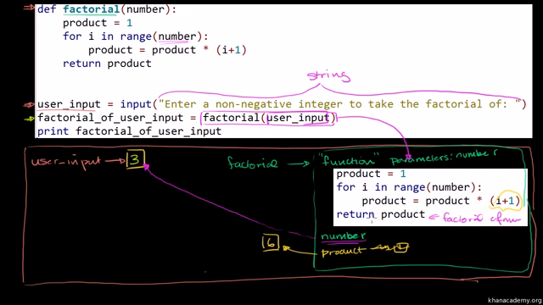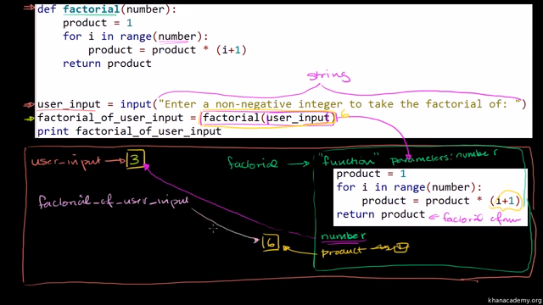And when I say that is returned, that means when you evaluate this entire thing over here, that entire thing is going to be 6. And then, once we get out of that program, it lets the interpreter know that factorial of user input should now refer to that 6.